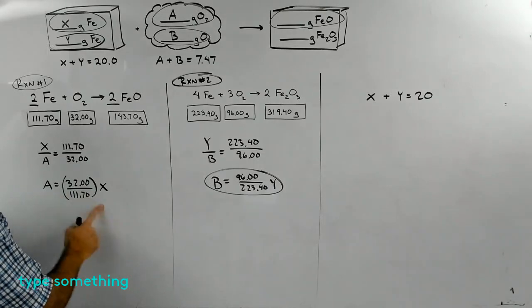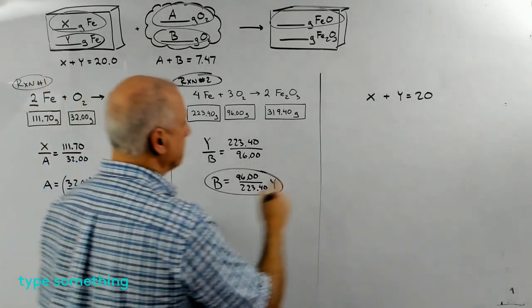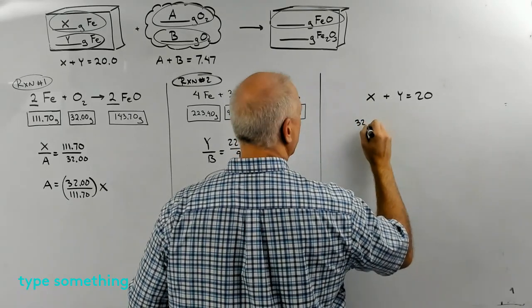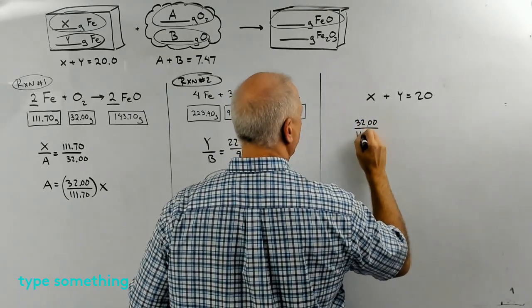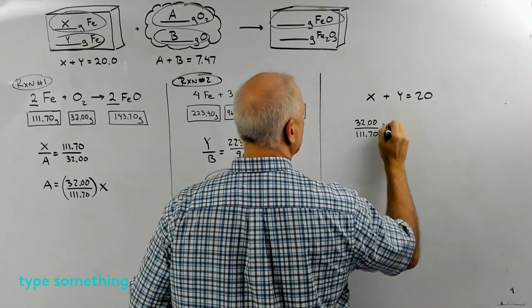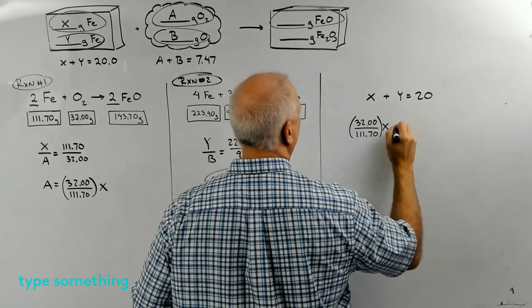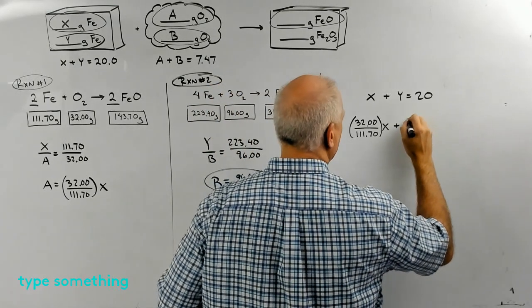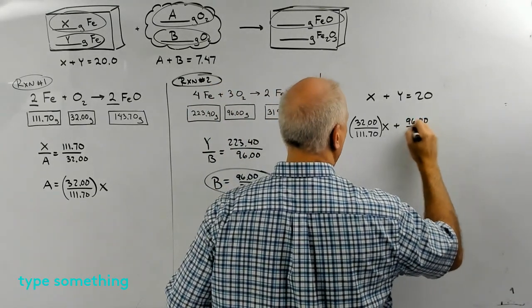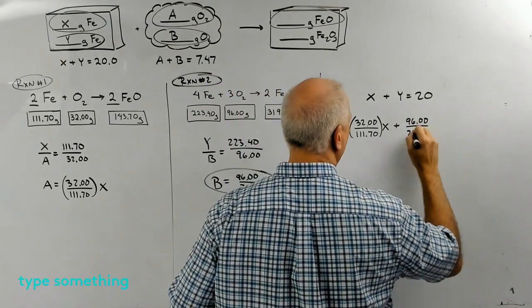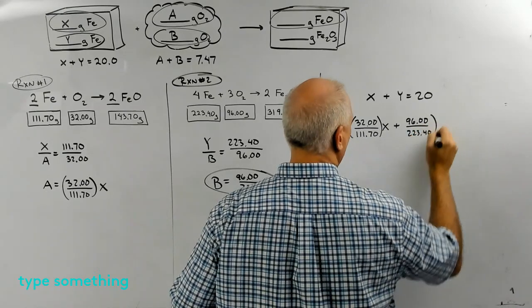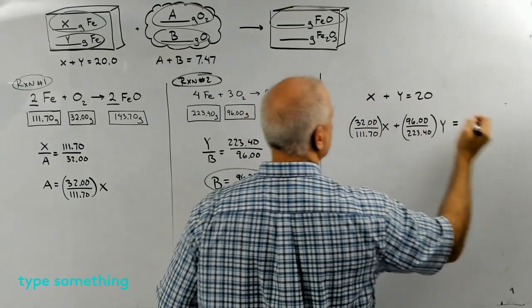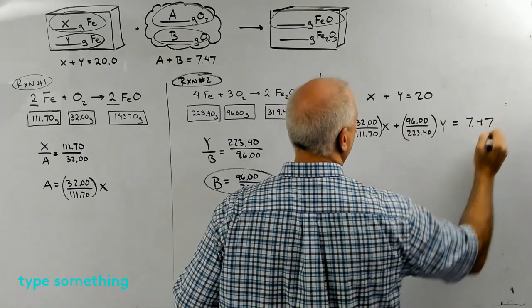And A plus B is equal to 7.47. I have an expression for A, 32.00 over 111.70 times X, plus B, 96.00 over 223.40 Y, and that A plus B is 7.47.